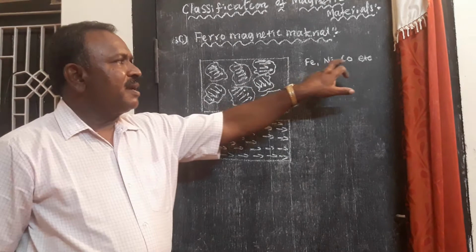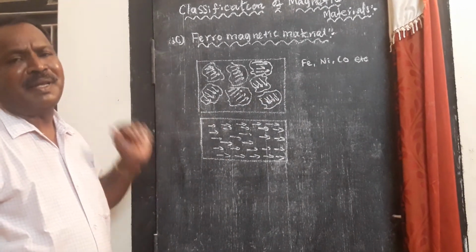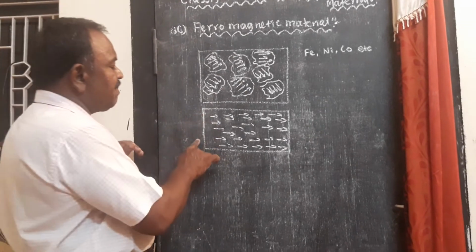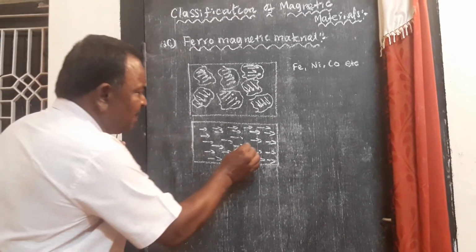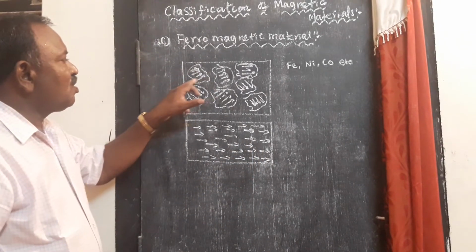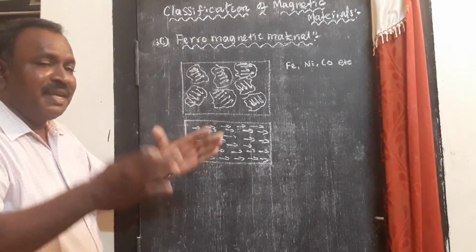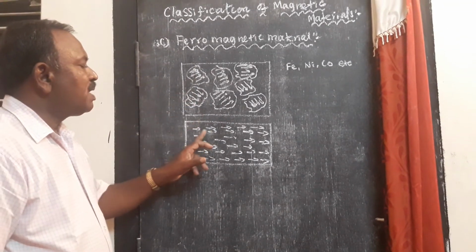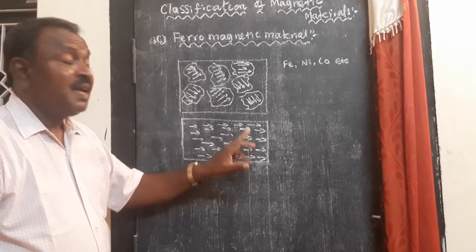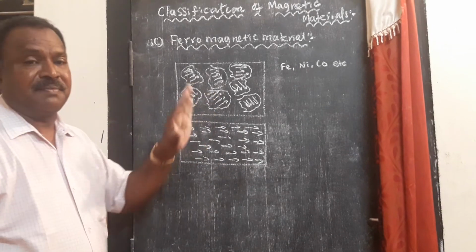Iron, nickel, cobalt are the examples for ferromagnetic material. When they are kept in a uniform magnetic field, the domain regions disappear or the domains increase in size, and all the magnetic moments begin to align themselves in the direction of the applied external magnetic field.